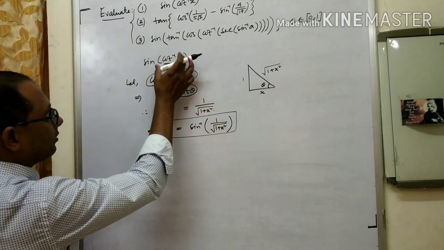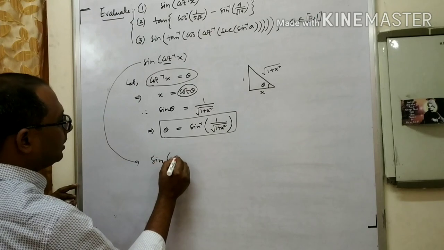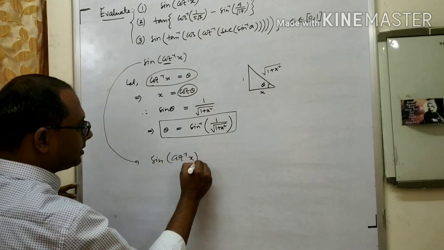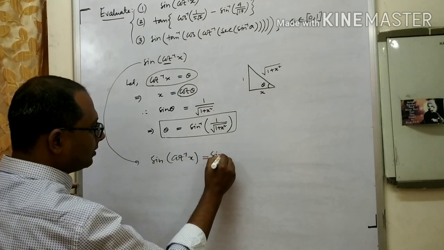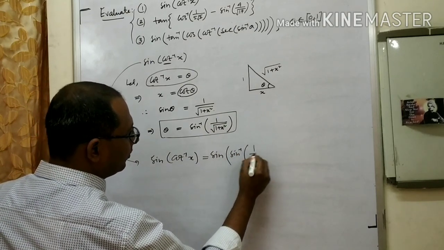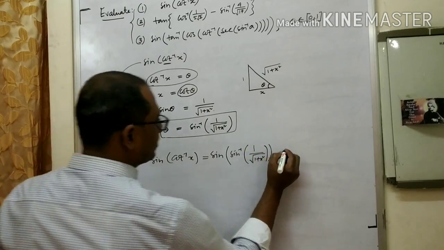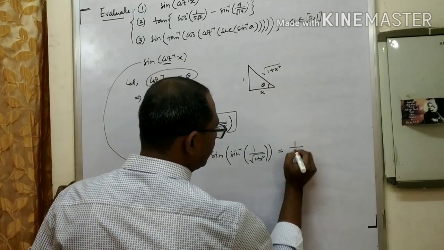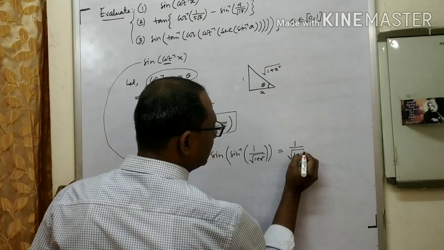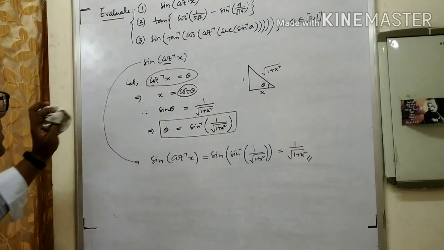So this is what we are looking for. So the question was sine of cot inverse of x, which will be equal to sine of sine inverse of 1 by root over 1 plus x squared. So using that property, we get 1 by root over 1 plus x squared. As simple as that. Okay, we'll go for the next question.